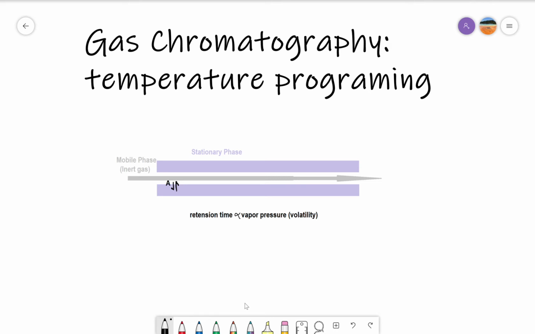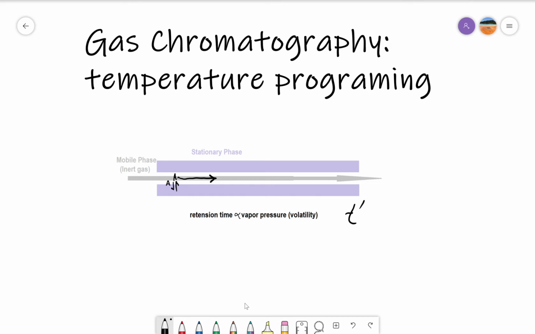The retention time of the compound therefore has more to do with the vapor pressure or the volatility of the compound. A more volatile compound will spend more of its time in the vapor phase and therefore be moved down the column quicker.